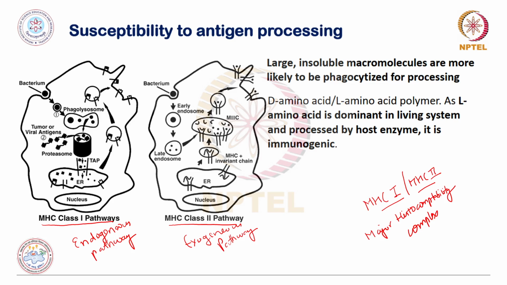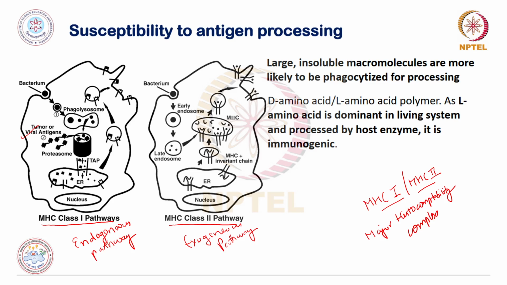MHC class 1 processes intracellular antigens like viral proteins or tumor antigens. When the cytosolic proteins are degraded by the proteasome, the peptides enter into the ER via the TAP transporter. Then they are loaded onto MHC class 1 and transported to the cell surface, and presented to cytotoxic T cells, which are CD8 positive, that we will discuss in upcoming slides.